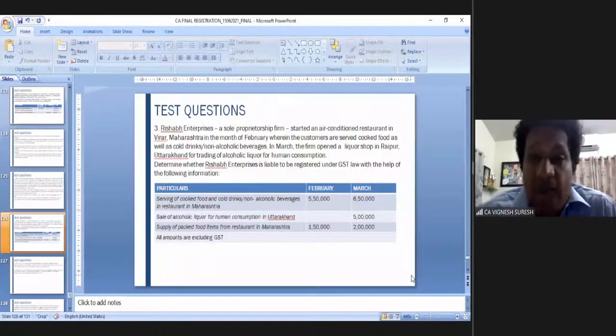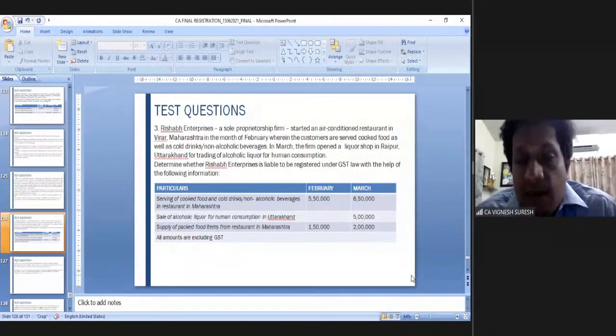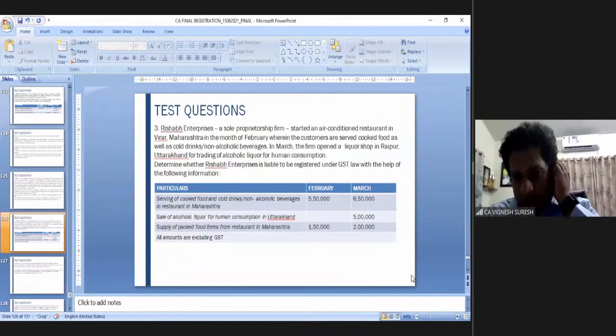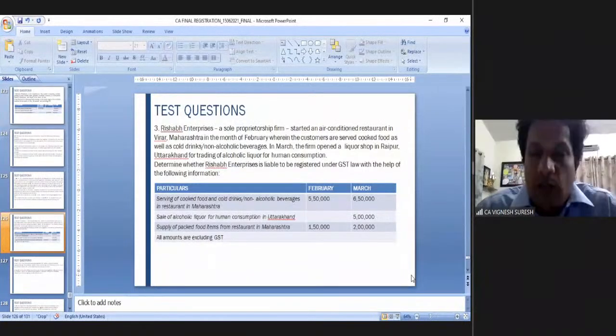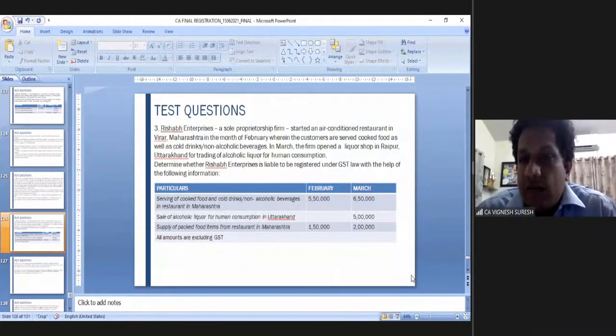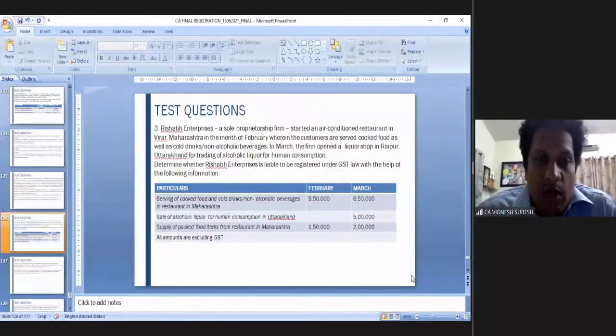You also have to add the sale of alcoholic liquor, because aggregate turnover includes the exempt supply, and exempt supply includes the non-taxable supply. So we have to include those particular points as well, and take the total amount. Since the total is more than 20 lakh, since it is 20,50,000, it will be liable for GST.